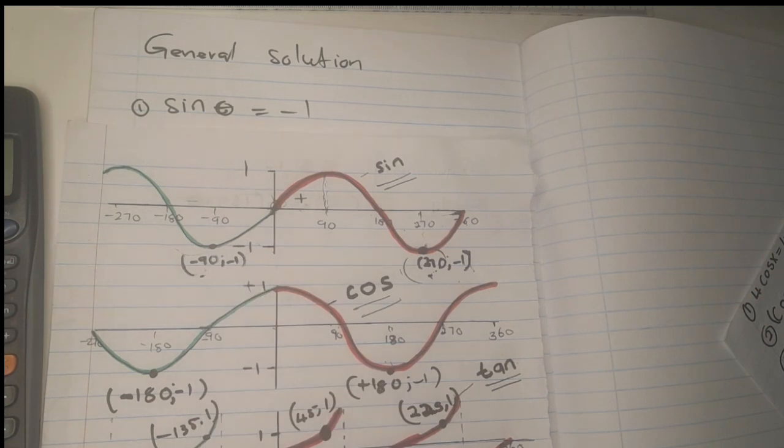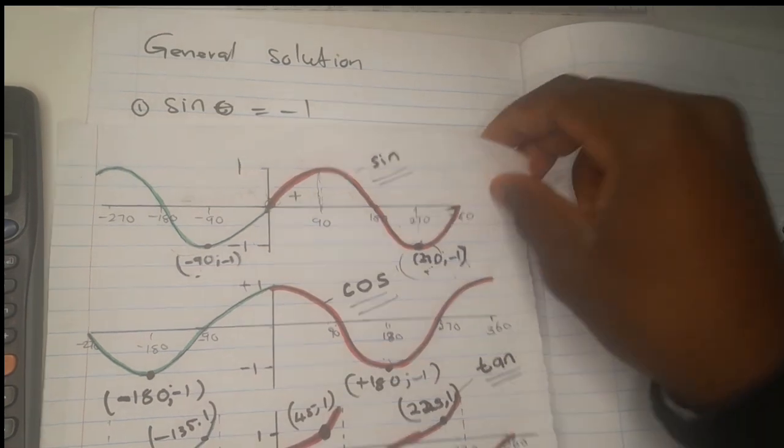So when I solve this equation, I need my reference angle, so that I can generalize all the possible answers. I need to find an angle that's going to generalize everything.